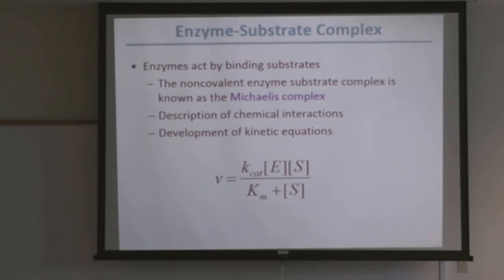We want to come up with an equation that tells us what the rates would be for a particular substrate concentration, without changing the enzyme concentration. So let's look at this. The rate of formation equals k1 times the concentration of free enzyme times the concentration of substrate.